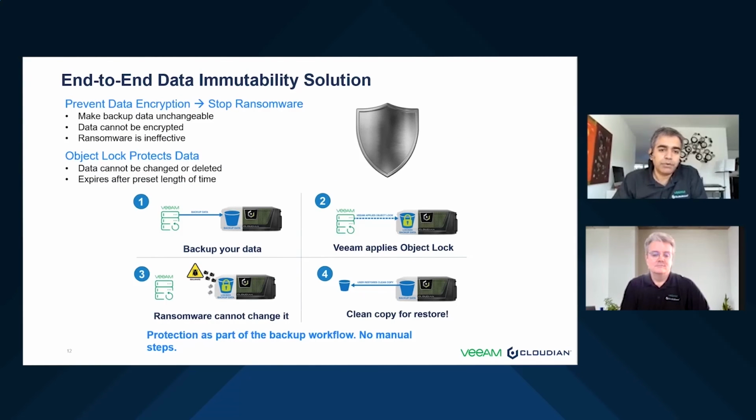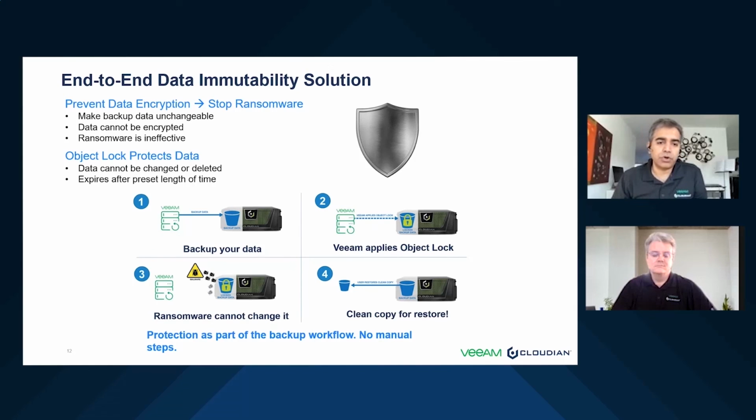Here's a quick example of what the workflow looks like to prevent ransomware attacks. It all starts with your backup workflow from Veeam, and Steve will go through it in some slides after this. You start your data backups regularly, and you get the option of choosing your target as well as setting the workflow to be immutable.